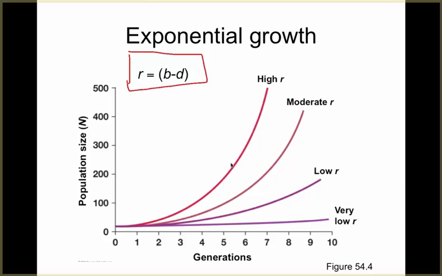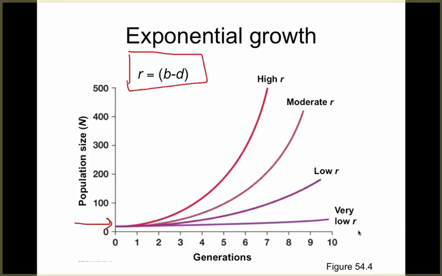This particular graph shows how a population that always starts at exactly the same level will increase at a different rate depending on the magnitude of r.